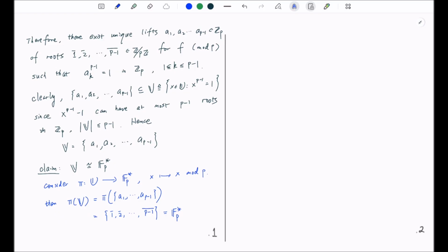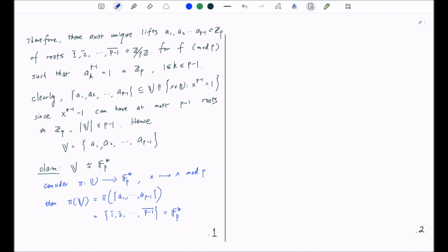So this means pi as a group homomorphism, when restricted to V, a subgroup with p minus 1 elements, maps V precisely onto Fp star.